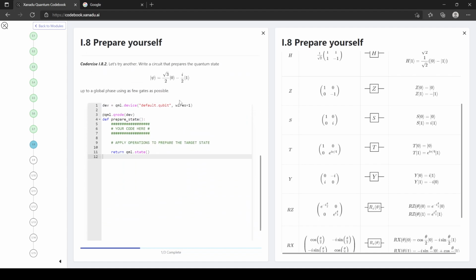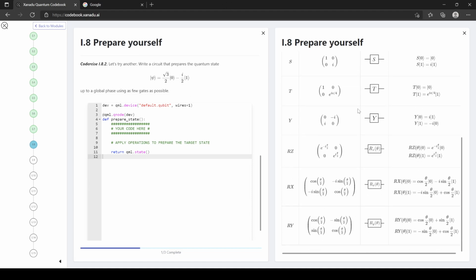Now we want to write one that is not an equal superposition. All right, so how do we go about getting here? Looking at it trivially, we see a positive and a negative. So it looks like an Rx gate was being applied here from a 0 state.